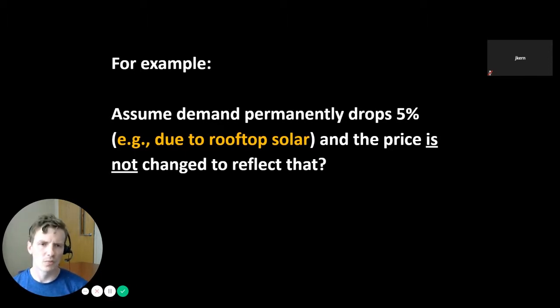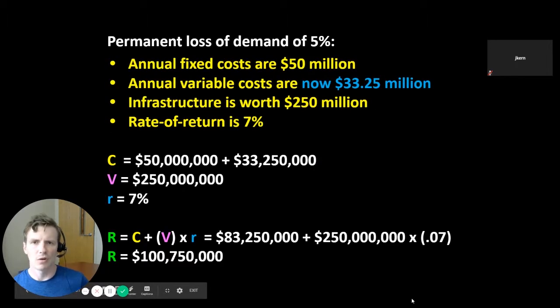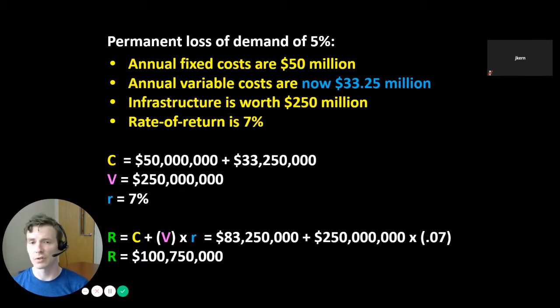And first, we're going to assume that the price is not changed to reflect that. So let's see what happens to the utility's finances. So a permanent loss of demand would not change the utility's fixed costs. Remember, the utility's fixed costs are basically the mortgage payments that they're making on all the infrastructure. So they have to make those mortgage payments regardless of how much electricity they're selling.